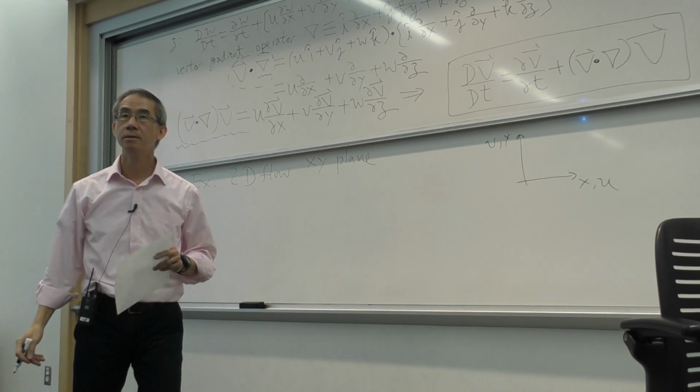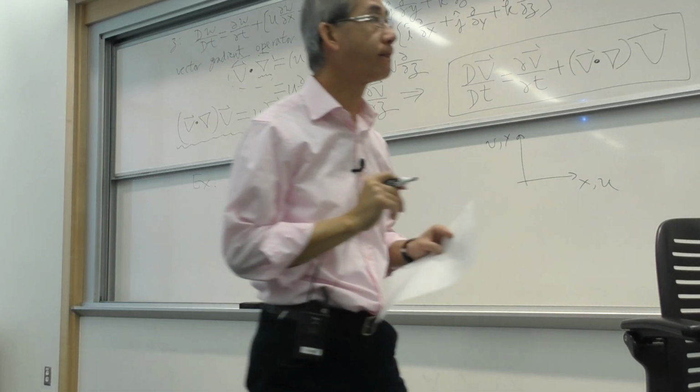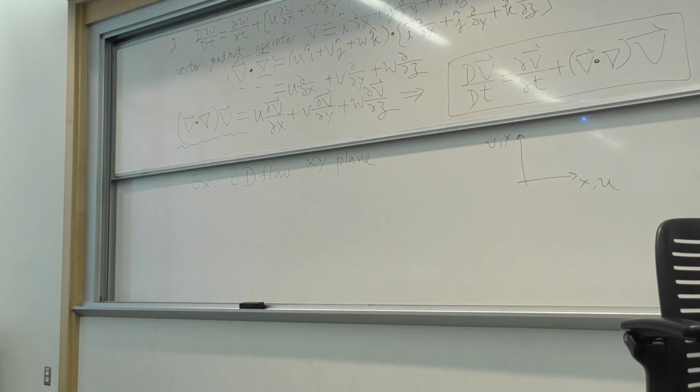Yes? Just to be clear, is the first term a rho or a p? Is it d rho dt? Right, d rho dt. Wouldn't the one on the top be pressure?